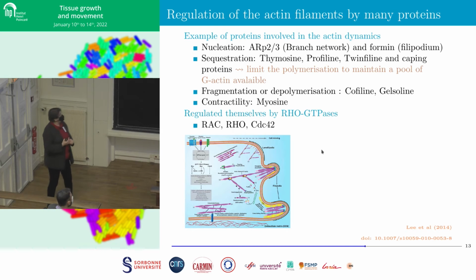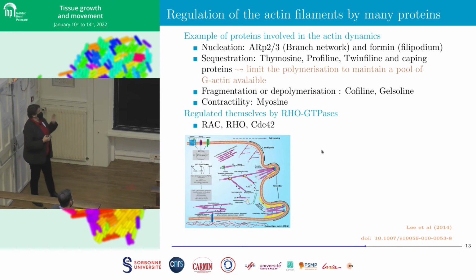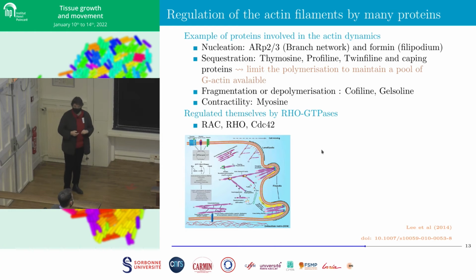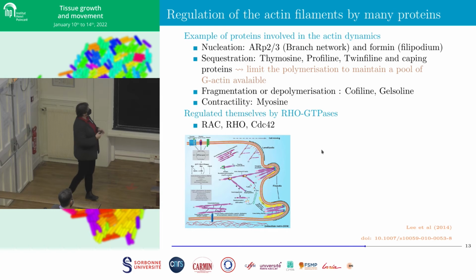And in fact, all these proteins are themselves regulated by Rho-GTPase proteins: Rac protein at the front of the cells, Rho protein at the back, at the rear of the cells, and Cdc42 for the filopodium part of the cells.